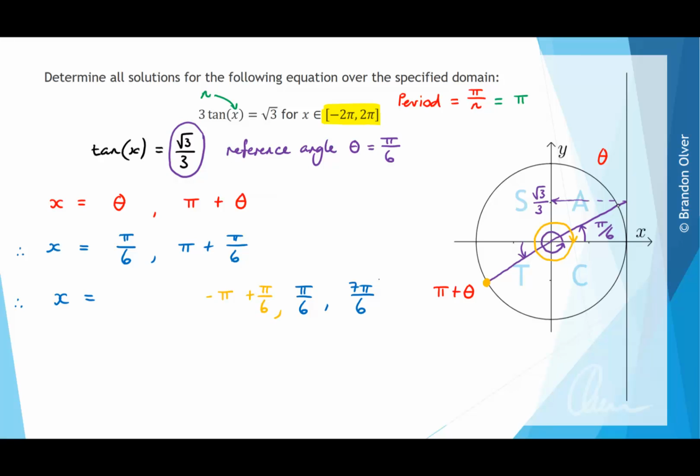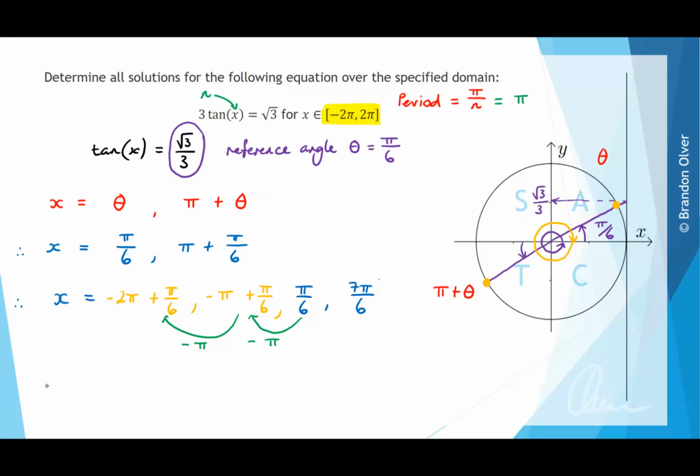And the other solution that appears, which is here, is going to be the same as going negative 2 pi plus pi on 6. So we're going to have negative 2 pi plus pi on 6. So these are 4 solutions that sit within the domain of this question. Another way to think about that is we can take one specific solution and we can subtract the period from it, which is pi, and then we can take that solution and subtract a period until we go outside the domain of our question.